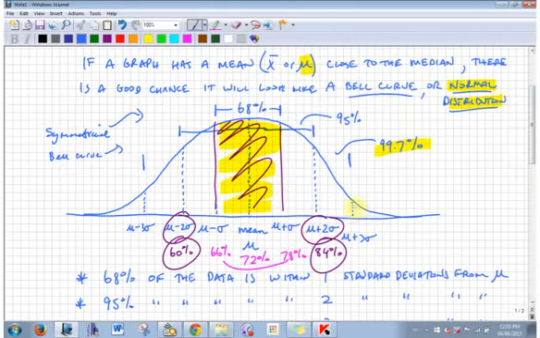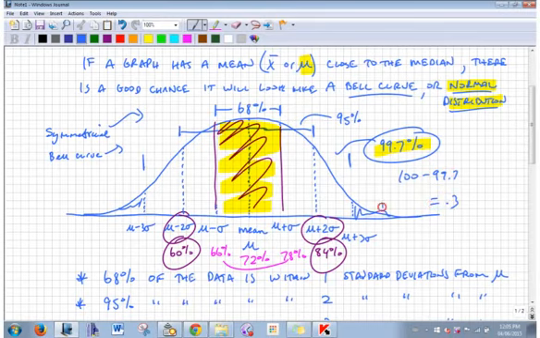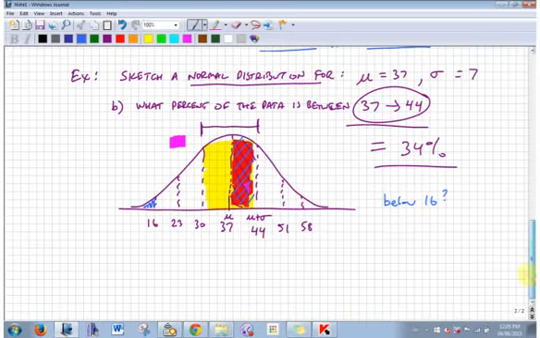Well, this and this, remember we said that makes up 0.3%. So if I just want that, that's half of 0.3%. 0.3 divided by 2 is 0.15%. Not very much. Okay? It's not that hard.